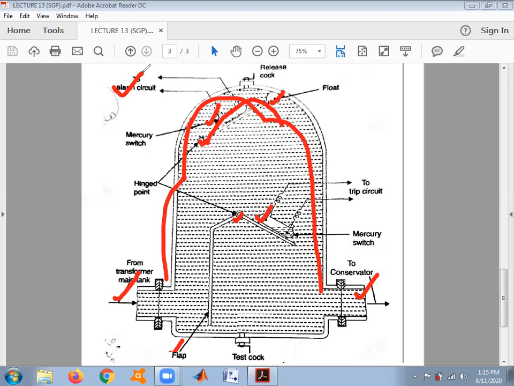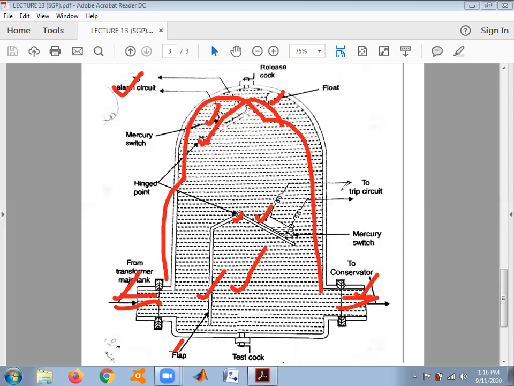If the fault is of a major category, the oil level in the tank decreases. Due to the decomposition of oil, the oil starts flowing from the main tank to the conservator tank. During that flow of oil, the flap of the mercury switch gets operated.